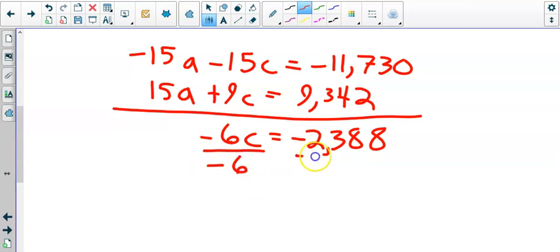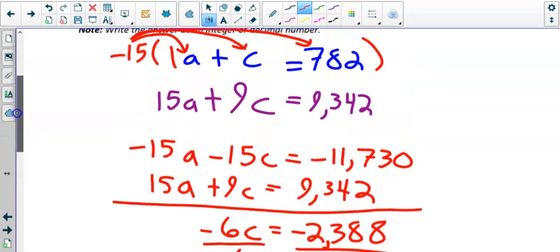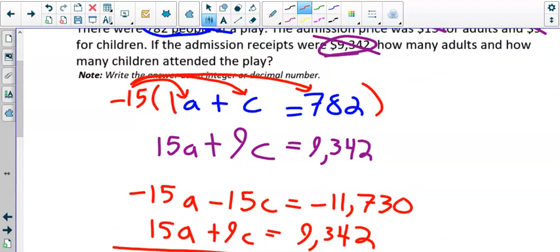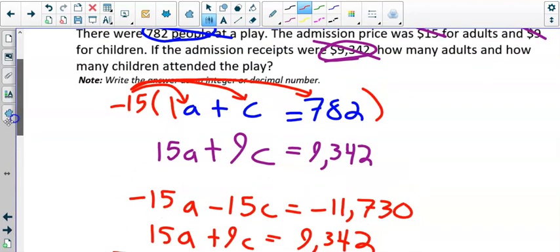You got it. Divide by a negative 6. C equals 398. And because it's C, we know that that is children. Okay. So now we know the children. We know that there are 398.